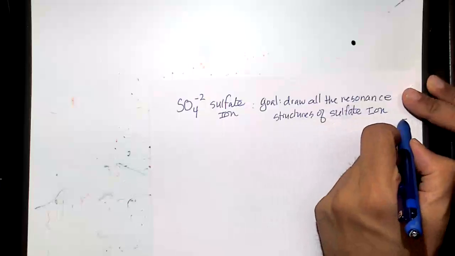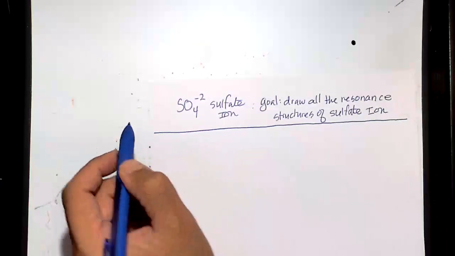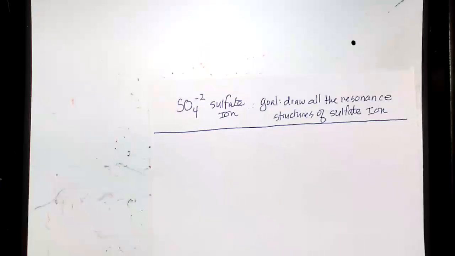All right, so I'll let you guys work on that independently at home. I'll post the answers up on a later date. Okay, but this is the idea of resonance.